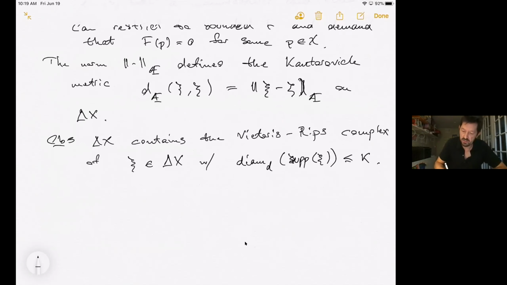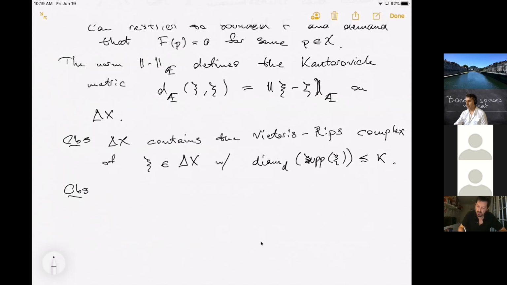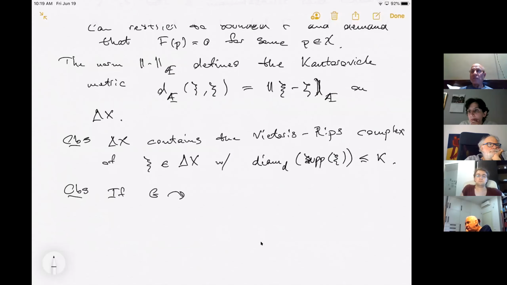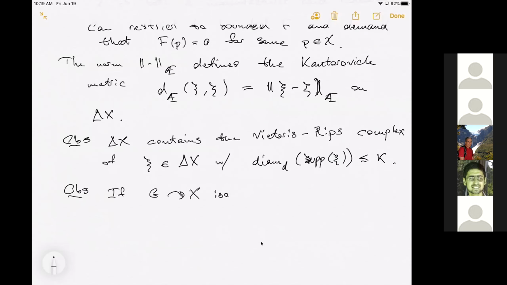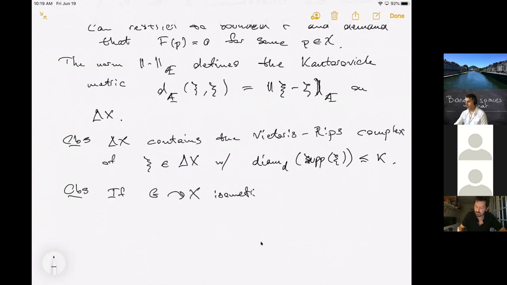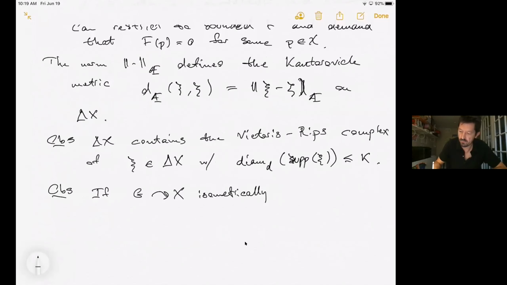Okay, so a few more observations are in place. If I have a group G that acts on X isometrically, then that action naturally leads to an action of G on Delta of X. I simply shift the support around using my group action.